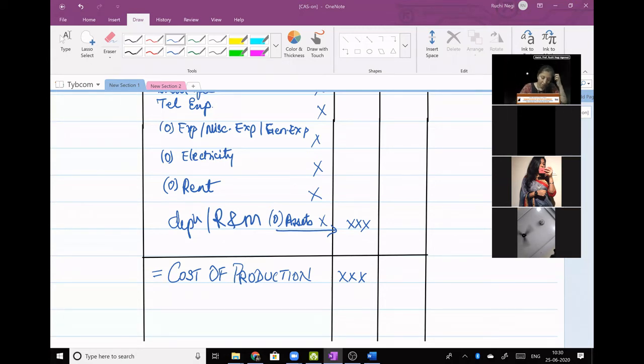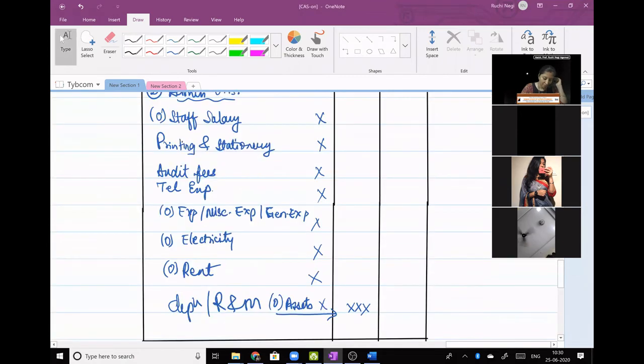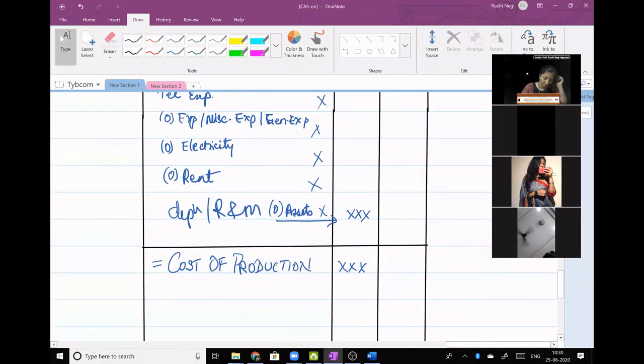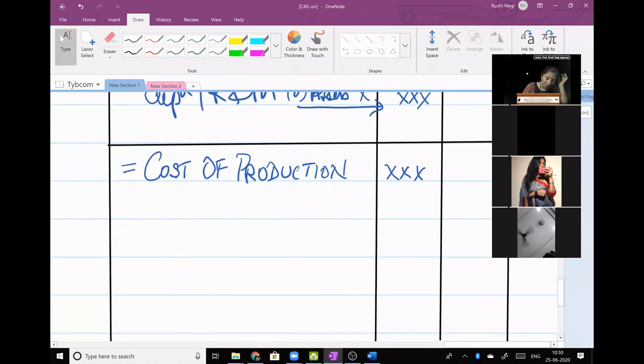Hari Krishnan has said insurance of office building. Yes, it will come under office. Next, cost of production.